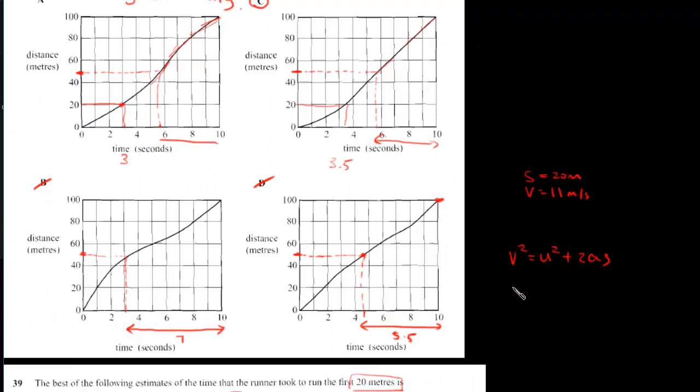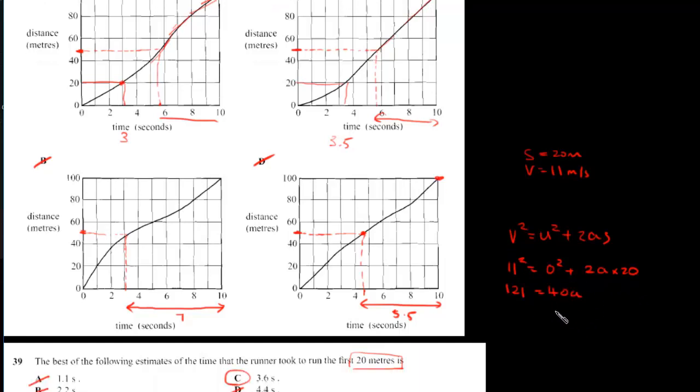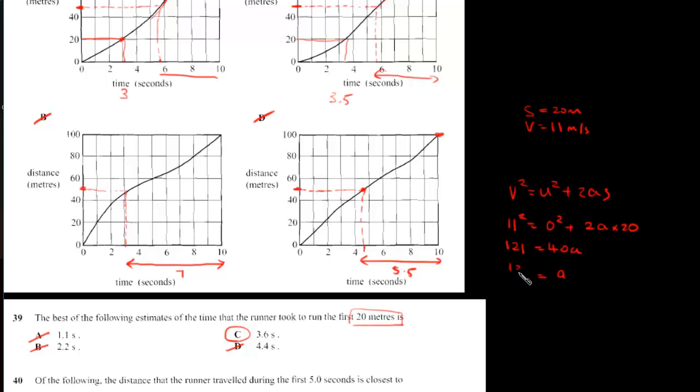Let's plug that in. 11 squared is equal to, initial velocity is 0, so 0 squared plus 2a times 20. So this is 121, that's what 11 squared is, and this is 40a. So a is equal to 121 divided by 40. 40 times about 3 is 120. So a is about 3 meters per second squared.